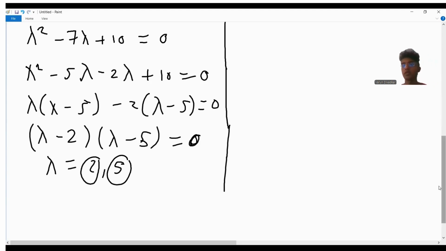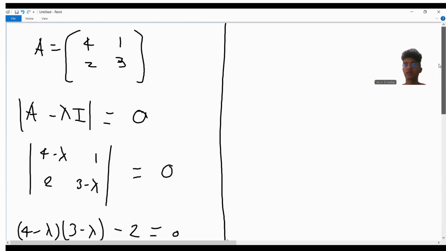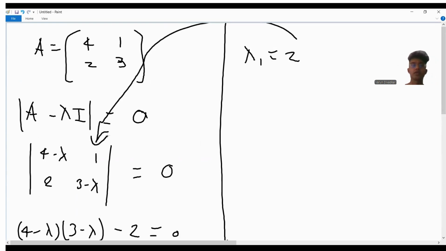So now, using both of these, let's try to find the eigenvectors. Let's say lambda 1 equals 2, right? So let's substitute this into this equation now. Let's say the eigenvector v equals x1, x2, right? Now we're trying to find the values of x1, x2 based on this equation.